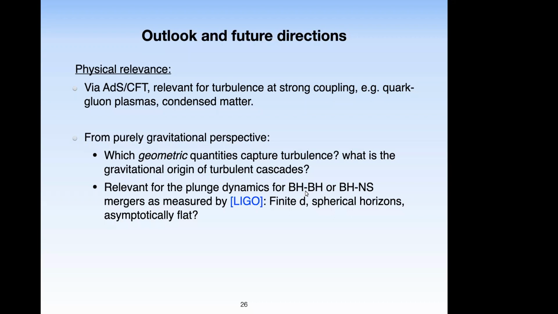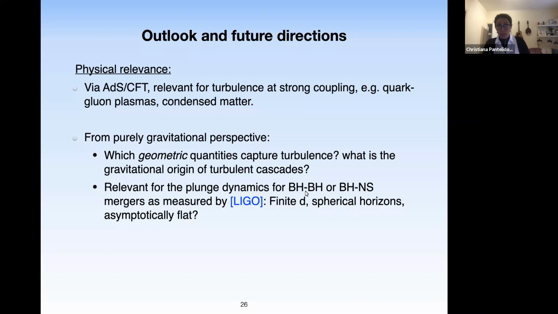How is that? Yeah, okay, so let me try to say something that might or might not help. So in the picture that I was describing in asymptotically flat space, you have a system of two black holes, okay? You have one black hole that is highly spinning, and then you have another one that is about to fall in. Now, this other black hole you can consider as a source.